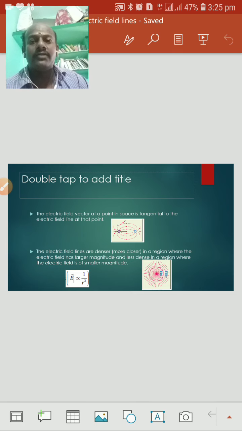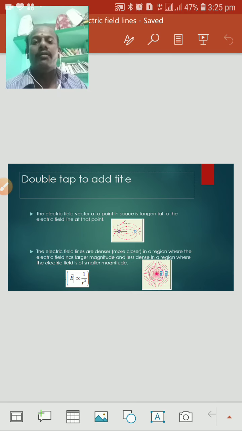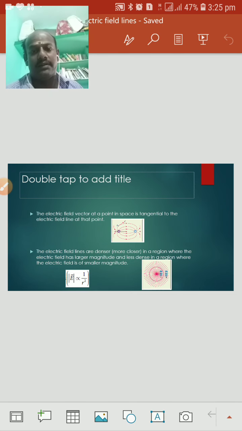Suppose a point charge delivers an electric field: where the electric field lines are close together, at that point the electric field will be larger. And when the electric field lines are fewer in a particular area, the electric field there will be less. So the number of lines is directly proportional to the electric field.